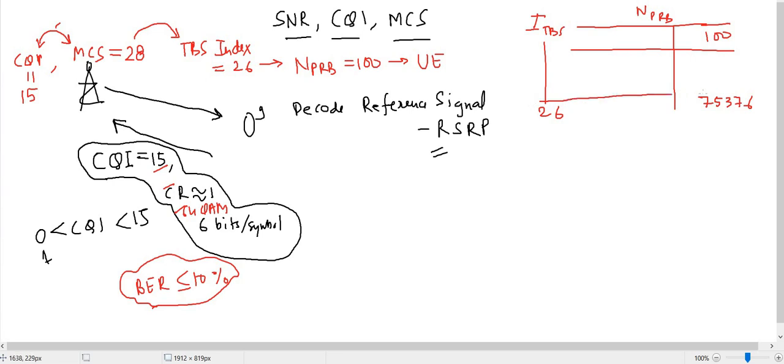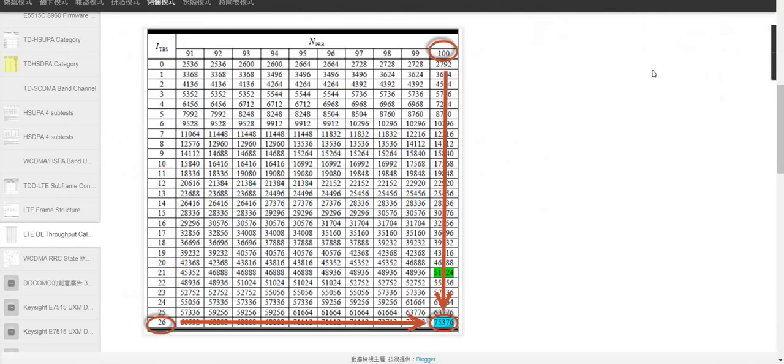Fine. In a similar way, suppose two UEs are there. In that case 50 PRBs will be allocated to one UE and the other 50 PRBs will be allocated to the other UE. If you read the spec, this is a very long table, starting from 1 to 9 till 100. So again we will map these things.